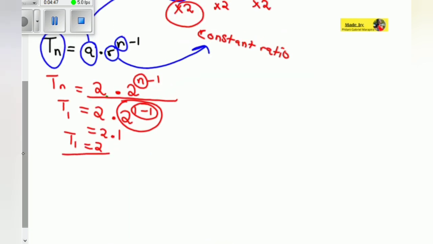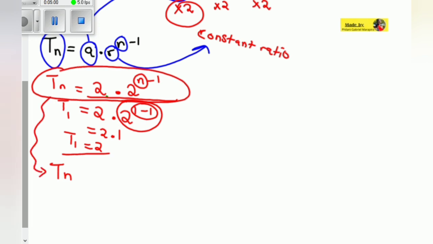What if we were asked to calculate term number 3? We're going to use our general rule, which works for every term in this sequence. Tn is equal to 2 times 2 to the power n minus 1. We're going to substitute here 2 to the power of 3 minus 1, because we're calculating term 3.